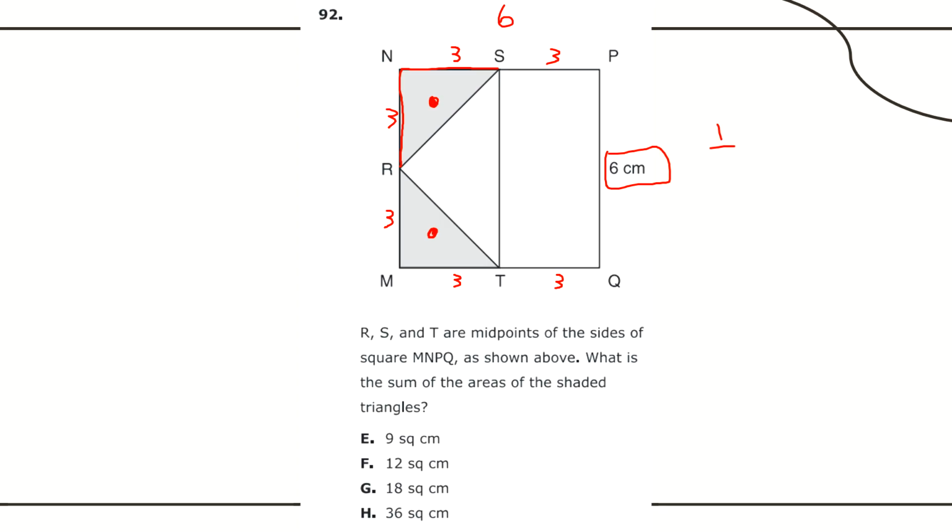So 1/2 base, which is 3, height, which is also 3, will give us 9/2, otherwise known as 4.5. Okay, but we're not done because we have two of these triangles. So what we're trying to find is 4.5 times 2, which would give us 9 square centimeters. So that would give us answer choice E.